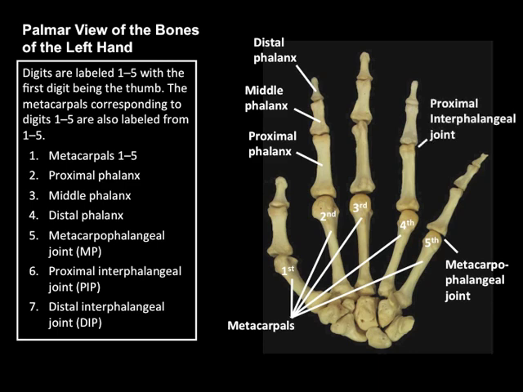The joint between the proximal phalanx and the middle phalanx is known as the proximal interphalangeal joint, or the PIP joint for short. The joint between the middle phalanx and the distal phalanx is known as the distal interphalangeal joint, or DIP for short.